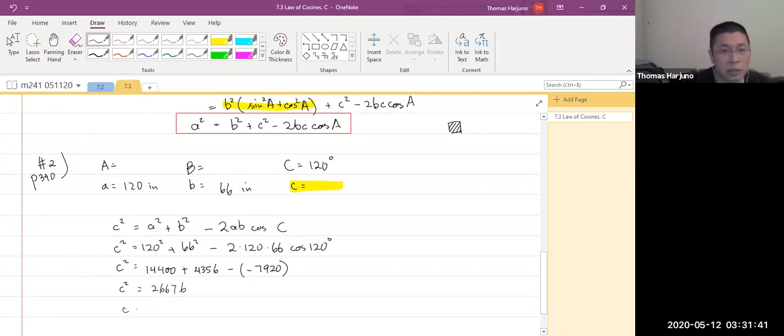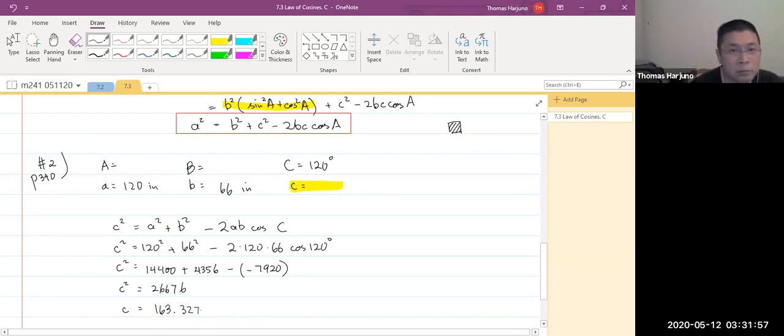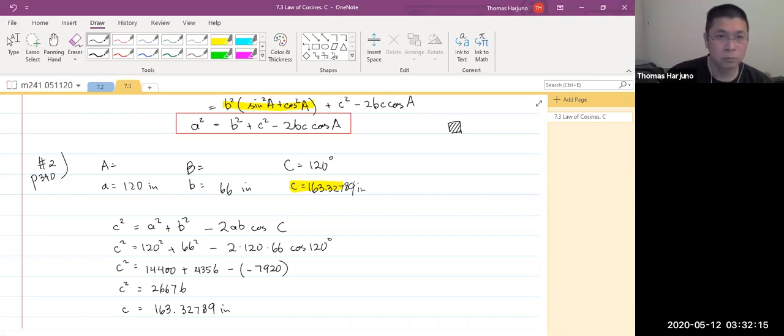So side c is the square root of that. I get 163.32789 inches. Is it okay?